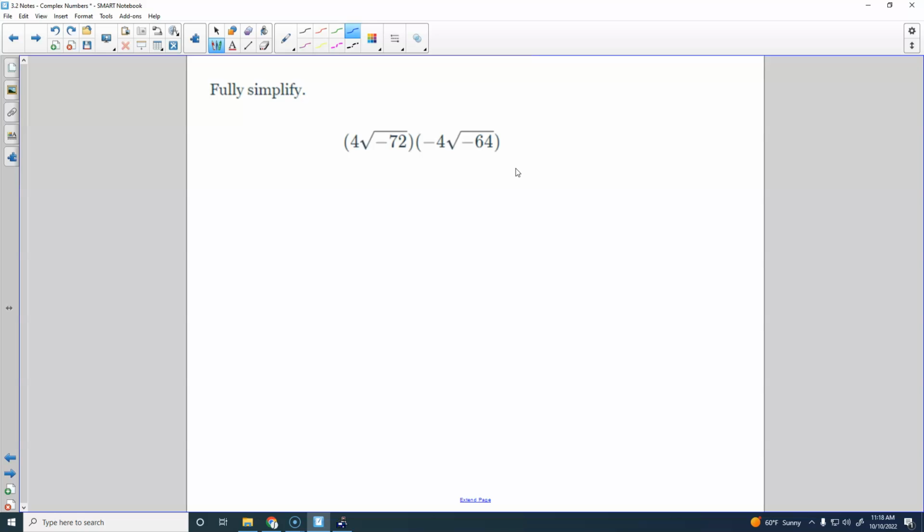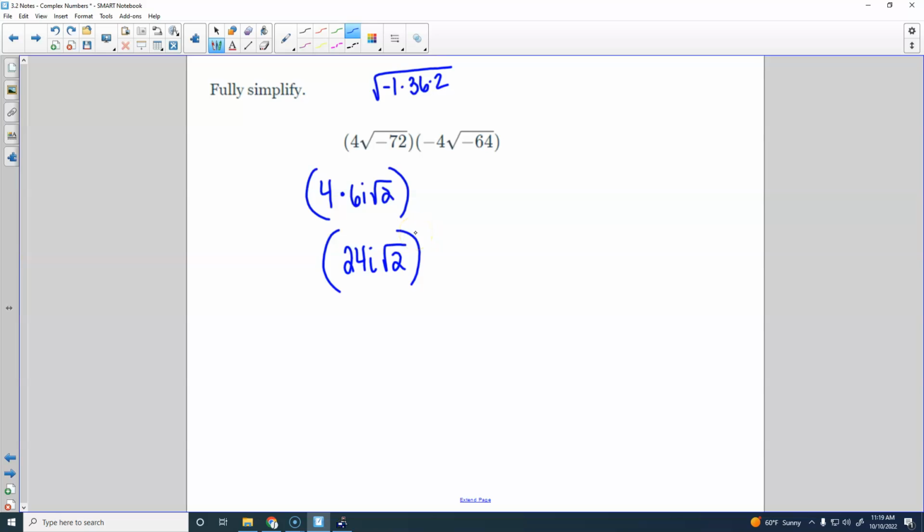So for this, 4,608 is going to be hard to break down because it's such a big number. So what you can do instead is you can break each one of these down first, right? So you've got 4 times the square root of negative 72, you're going to have negative 1. We could do 36 and 2, right? So it's going to be 4 times 6i root 2 here, which is going to give us 24i root 2.